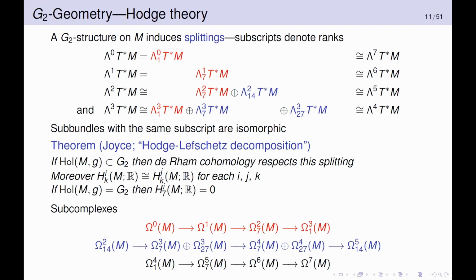And what's left is then the black one over here, which is isomorphic to the red one. Okay, so there are some subcomplexes like you are used to working with, say, on complex manifolds. You could do something similar here, except it's good for defining instantons, but that comes later.